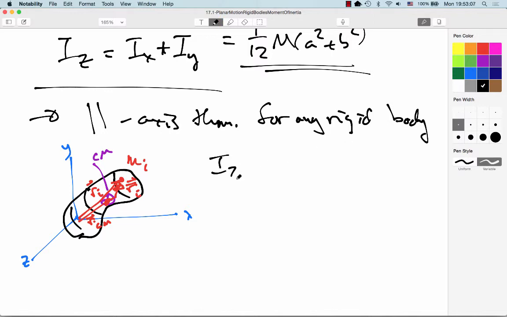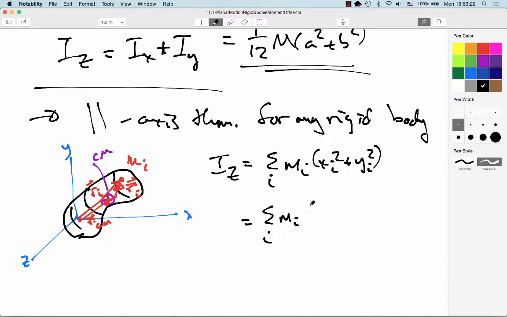Let's go ahead and compute the moment of inertia about the z-axis. We find the sum over i of mi times xi squared plus yi squared. And we can break that apart: sum over i, mi, where xi we can write as xi bar plus xcm, squared, plus yi bar plus ycm, squared.